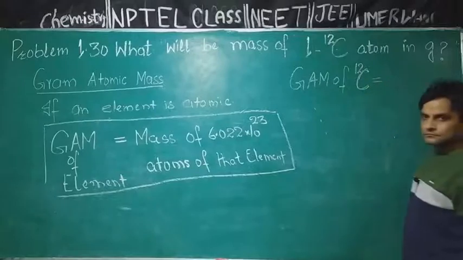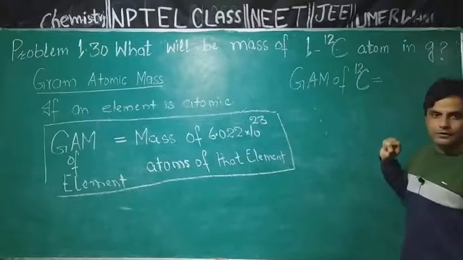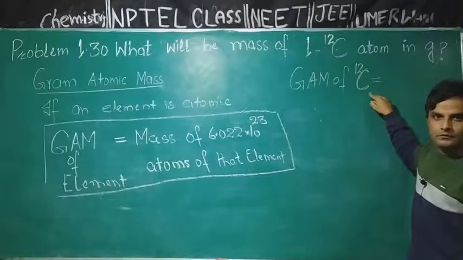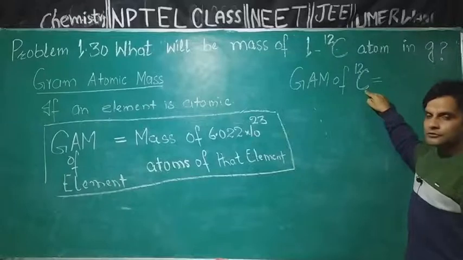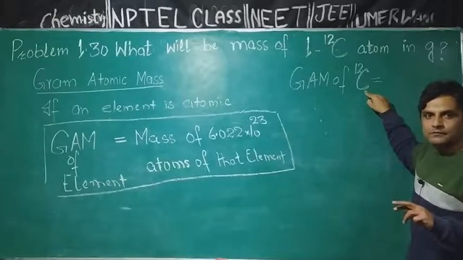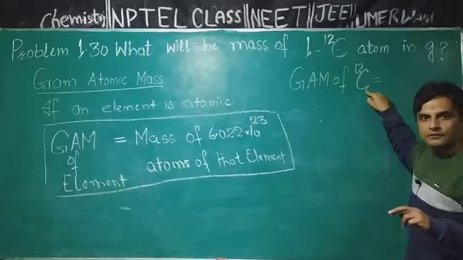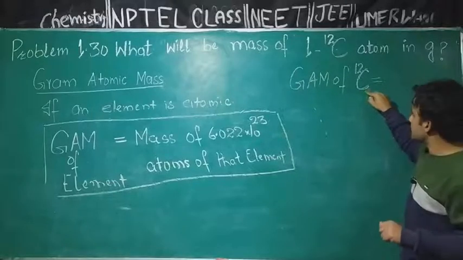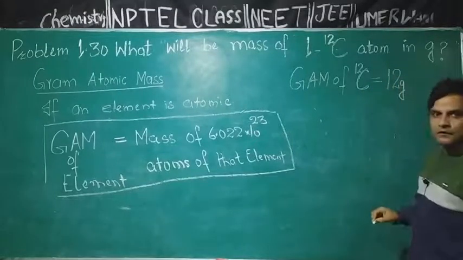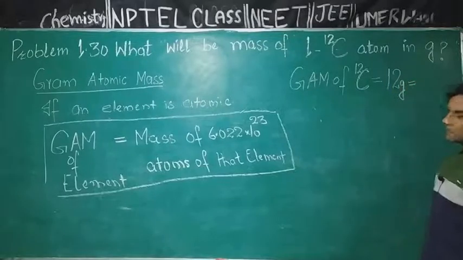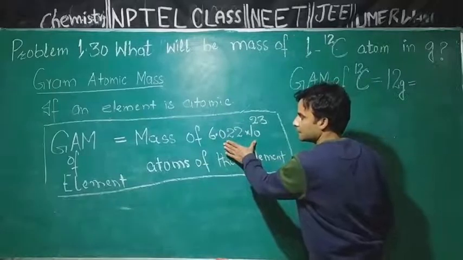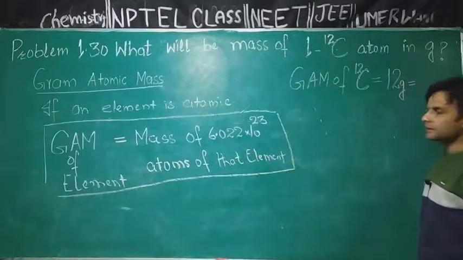The magnitude of the gram atomic mass of an element is similar to its relative atomic mass. The relative atomic mass of carbon is 12, its gram atomic mass is also 12, but expressed in grams, 12 grams. And 12 grams of carbon, since the gram atomic mass of an element, contains 6.022 into 10 raised to power 23 atoms of that element.